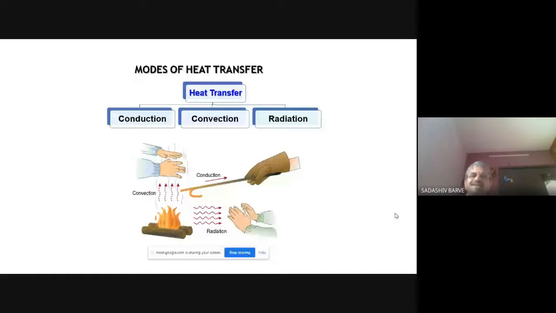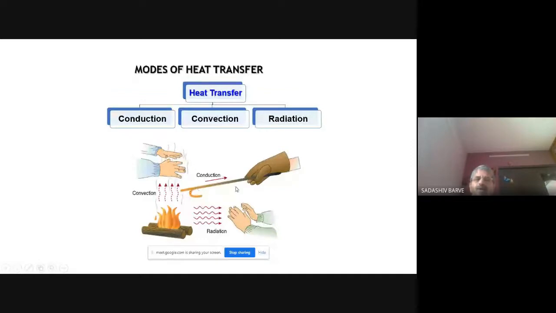Now, as far as conduction is concerned, for example, if you observe that a rod is held in a high temperature source, then the rod gets heated and the energy gets transferred by virtue of conduction through the metallic rod.